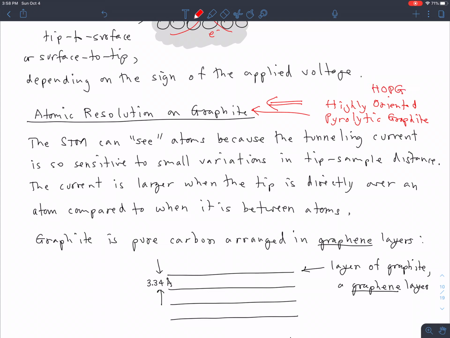You can't get this out of a pencil. You get this stuff from a supply house of some sort. It's quite expensive, hundreds of dollars for a little teeny 1 centimeter chip like we're going to be using for this experiment. And what this really amounts to is nearly perfectly crystalline graphite.